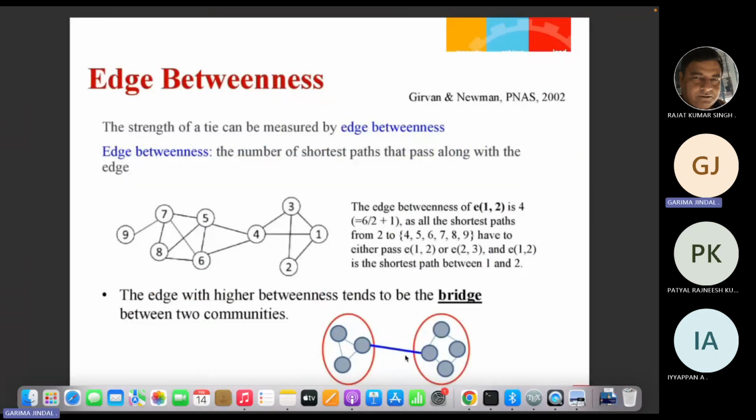Once this edge is removed, we again need to calculate the edge betweenness of all the remaining edges. Since the calculation of edge betweenness is itself an expensive operation, this particular algorithm is not good for large graphs.